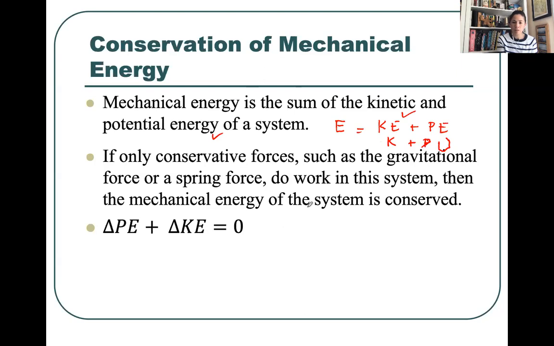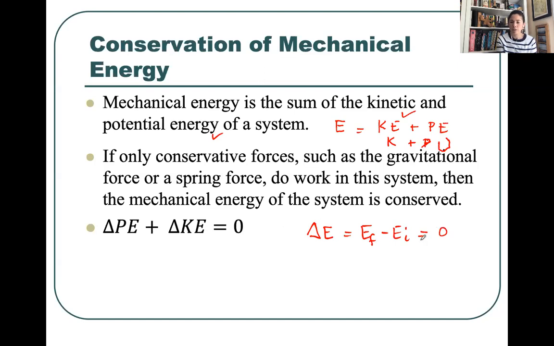In other words, if I look at the change, delta E, and if I remind you, with a delta it's the final minus the initial, that is going to be equal to 0.